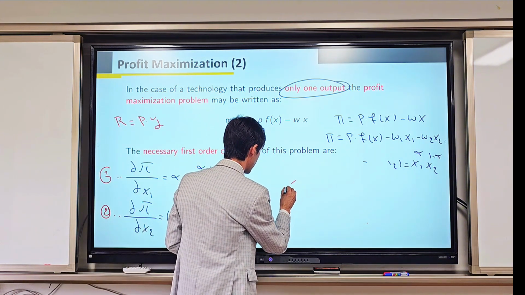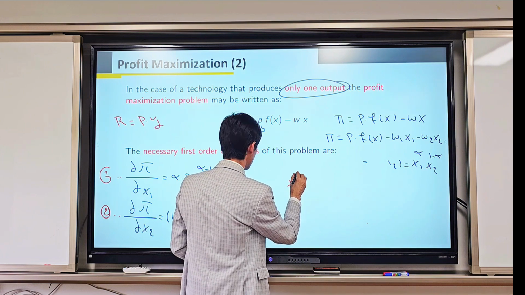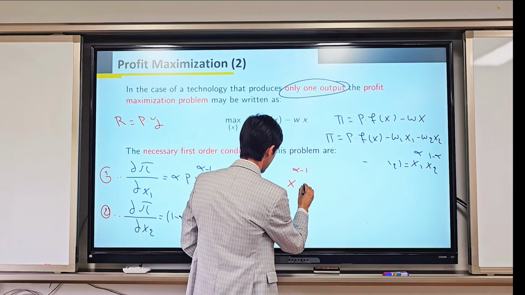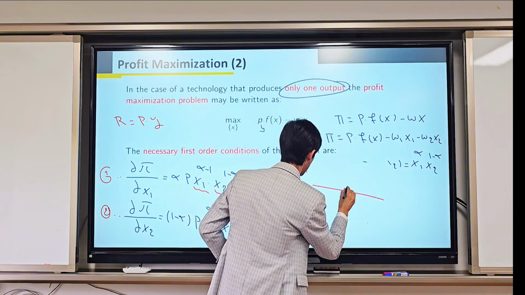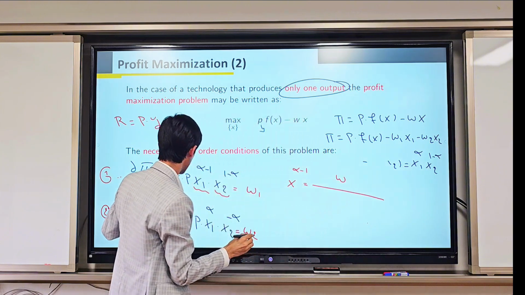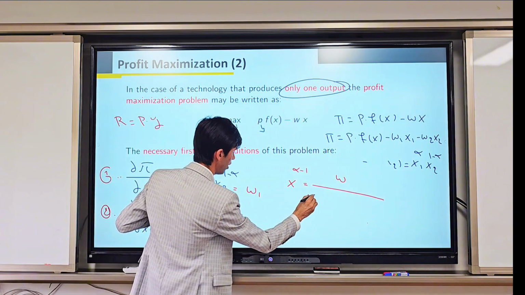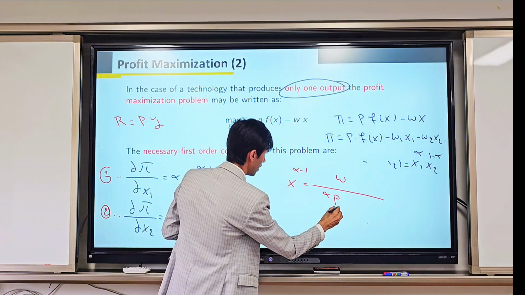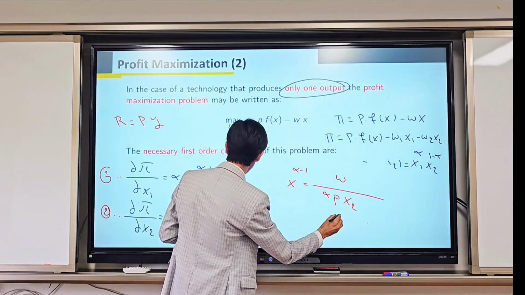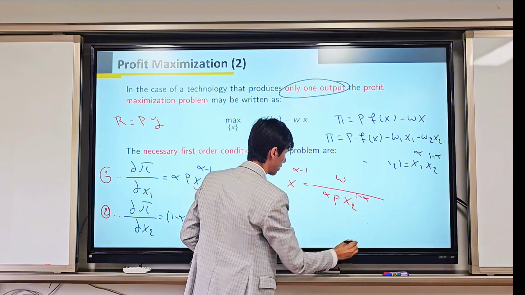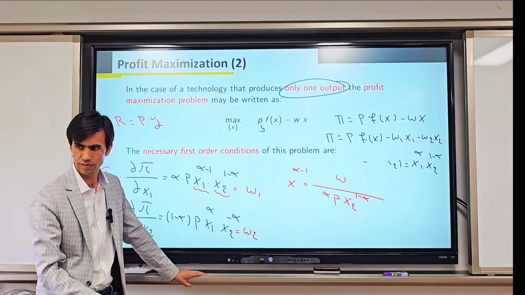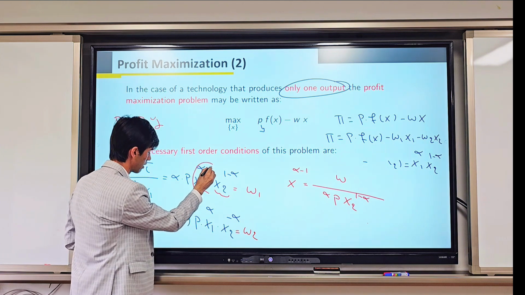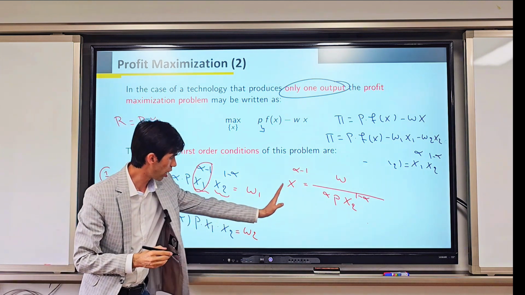For example, here it can be x1 to the power of 1 minus alpha is equal to w divided by alpha p x2 to the power of 1 minus alpha. Keep this one on one side of the equation and move the other to the other side.